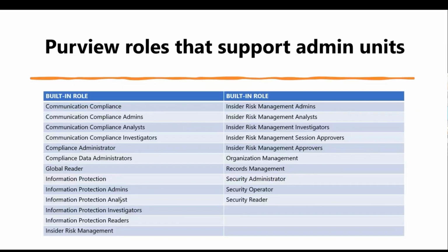As you can see, there are now 22 role groups that support admin units. And each one of these is related to a different solution. For example, communication compliance, and then you see these lesser admin groups: global reader, information protection, and the list goes on.